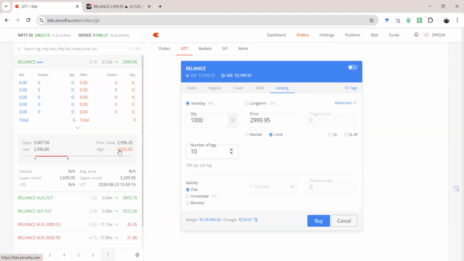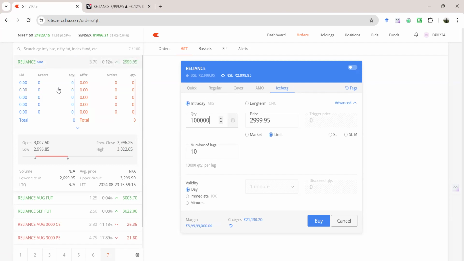Why is the iceberg option so good? Suppose you want to hide from other people that you are buying such a large quantity. Suppose you want to place an order to buy 1 lakh quantity. When you place a limit order without using iceberg, this order will be visible immediately, that somebody is willing to buy 1 lakh quantity.